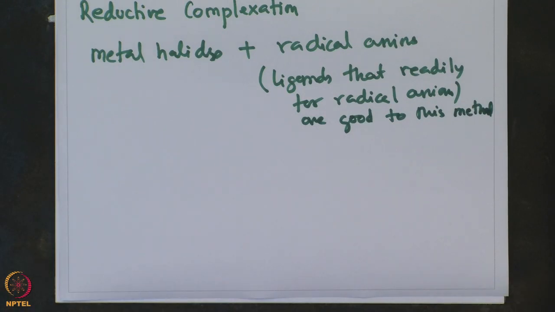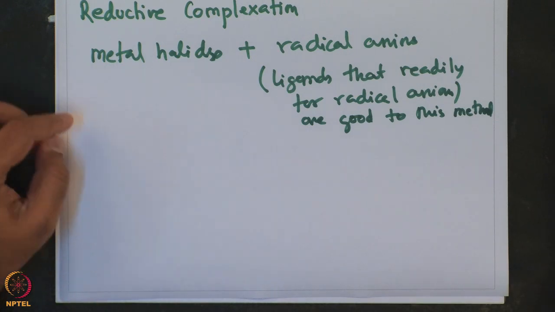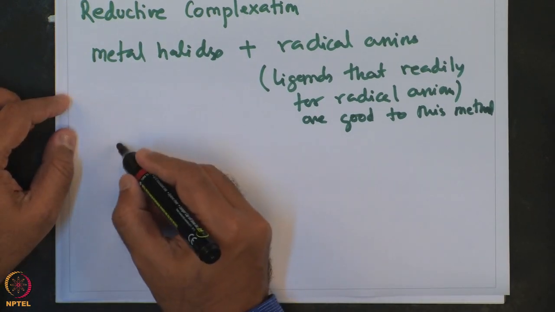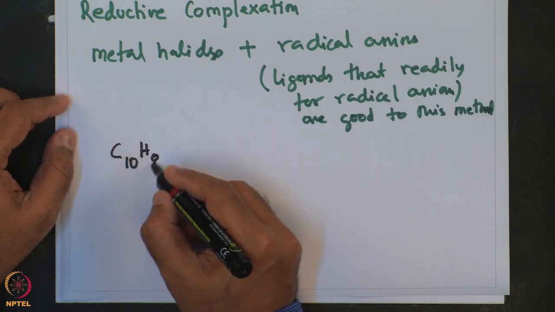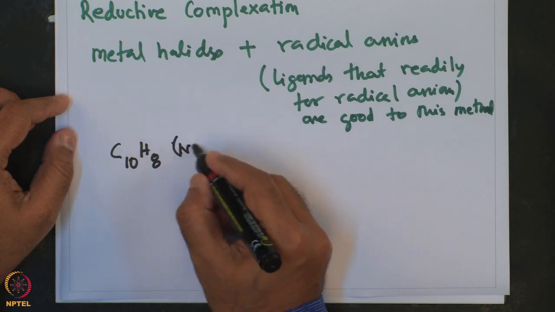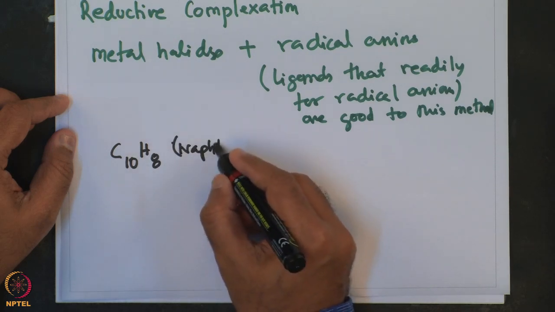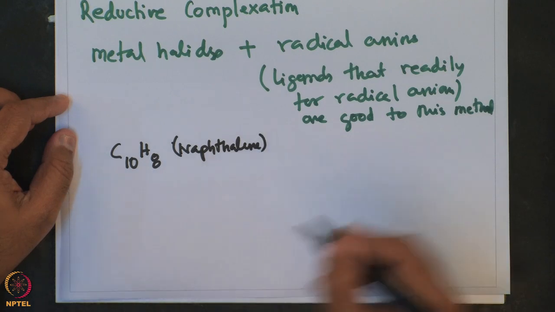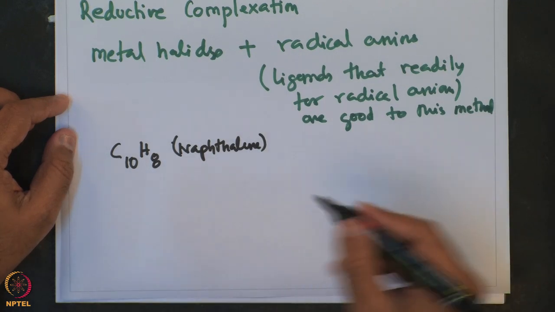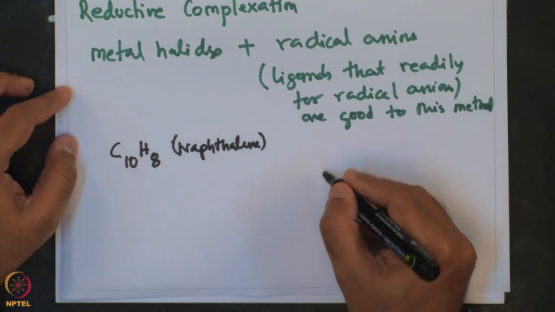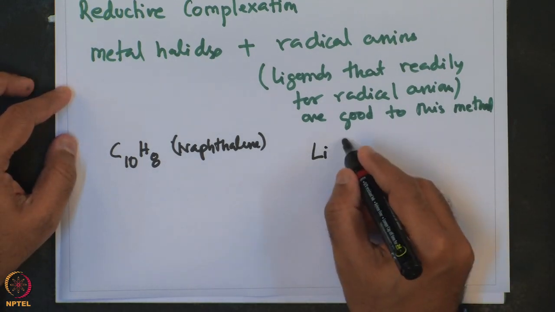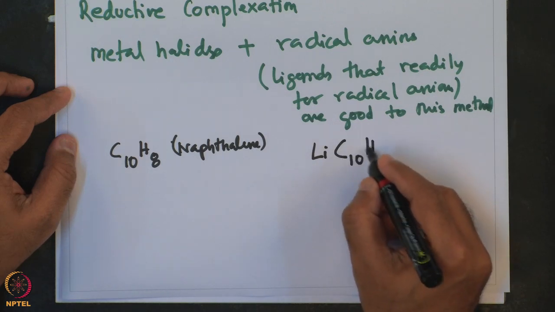Now, an example of such a ligand is naphthalene. Naphthalene forms readily a radical anion. For example, with lithium it forms LiC10H8.